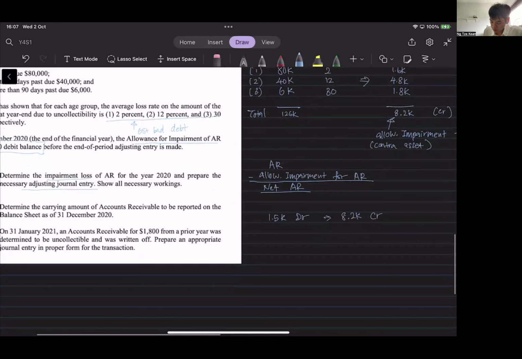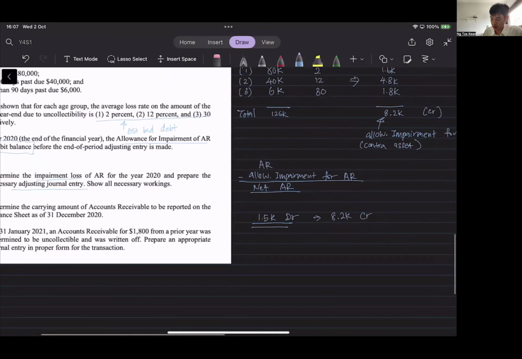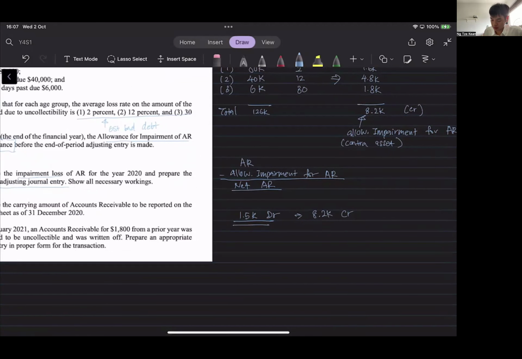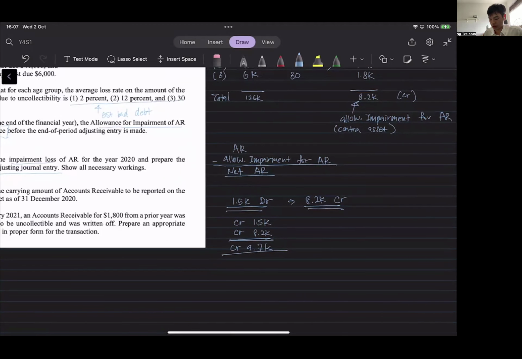So to do that, we first need to zero out the account. To do that, we credit 1.5. To bring it up to 8.2, we will credit an 8.2. And the sum of this will give us 9.7K. And this is the total credit amount that we need to enter into the allowance for impairment for AR.